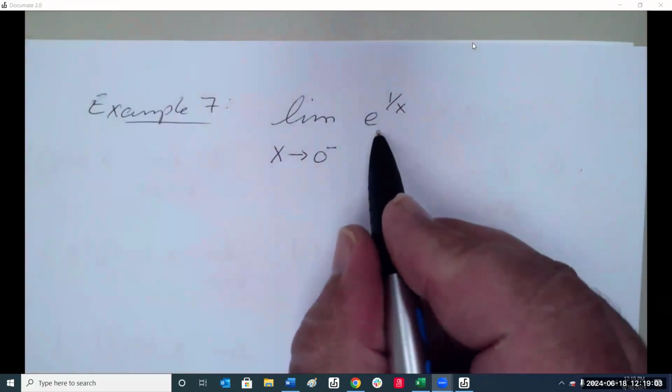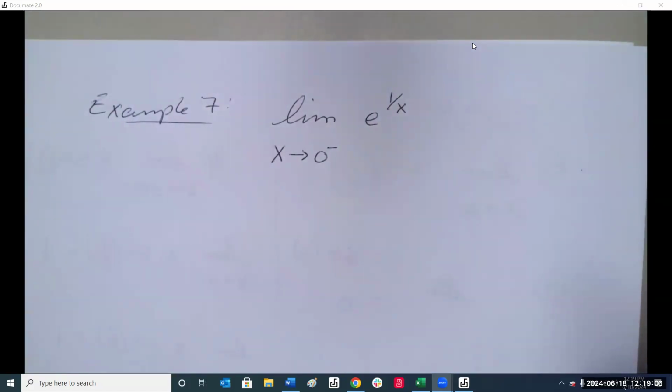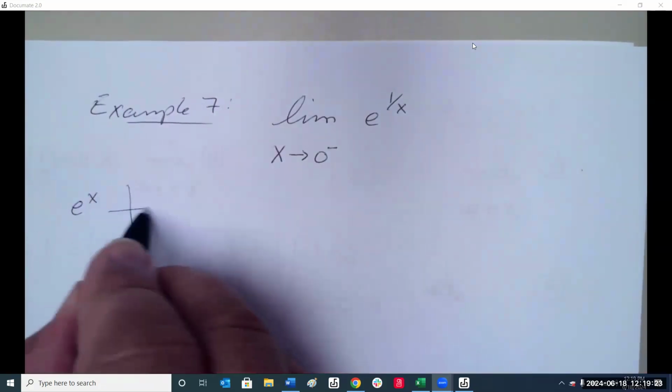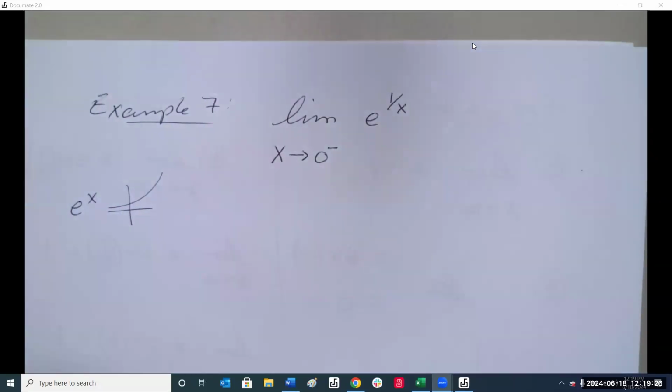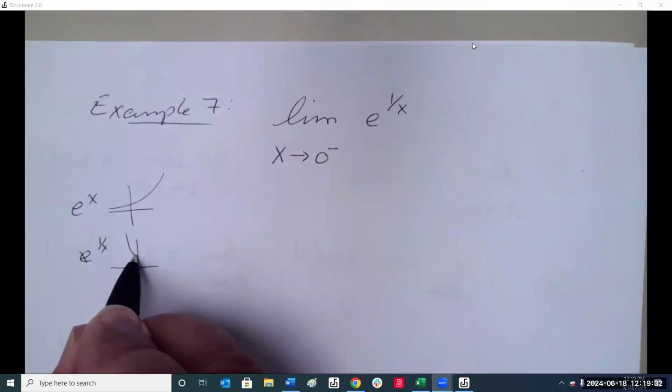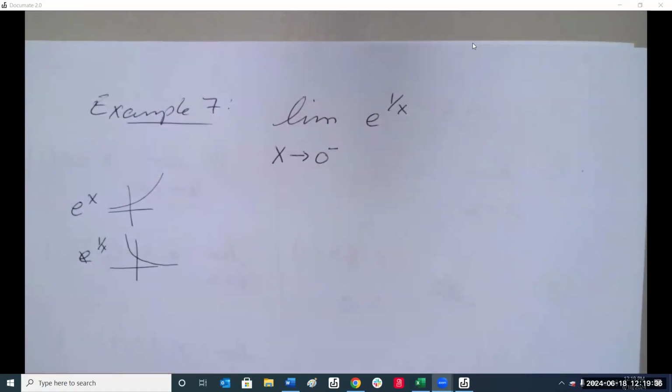To begin with, what does the graph of e to the power 1 over x look like? Exponential function looks like that. If it's a fraction, then it looks like this. It's what? 0.